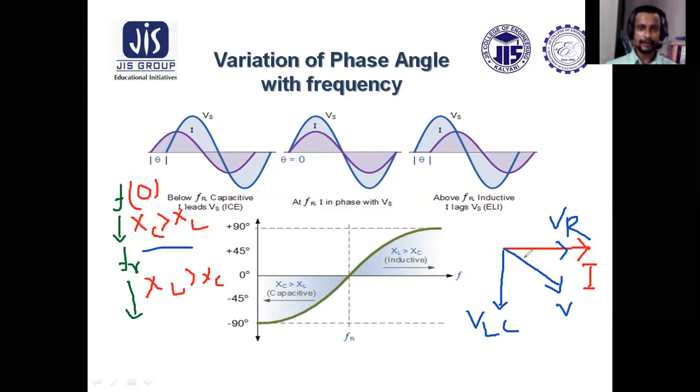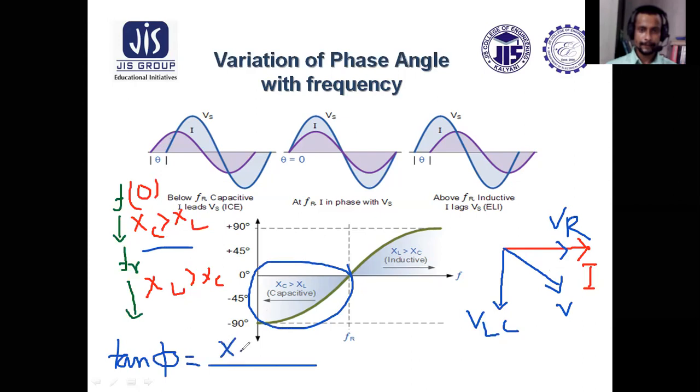As current leads, we can get this phase angle. Why? We know tan phi equals XL minus XC by R. As XC is more during this part, tan phi will be negative, so we get a negative phase angle.